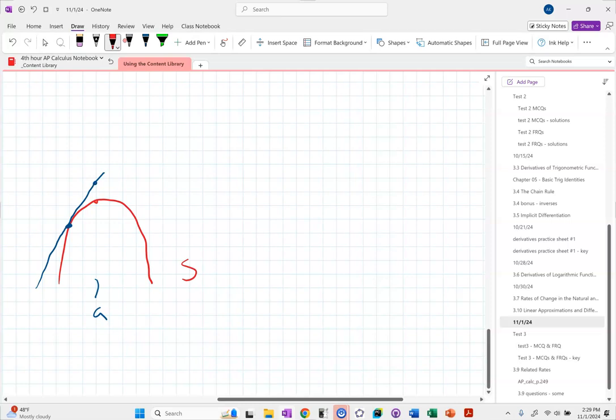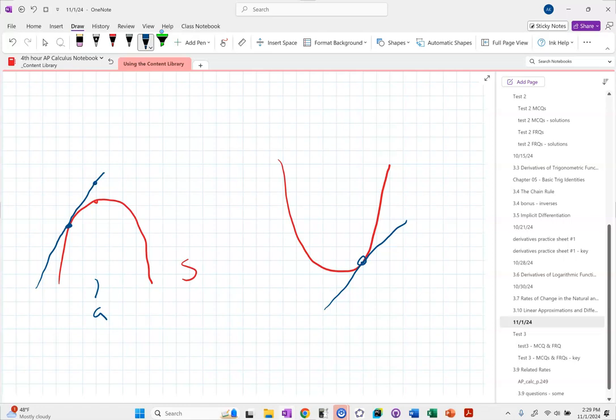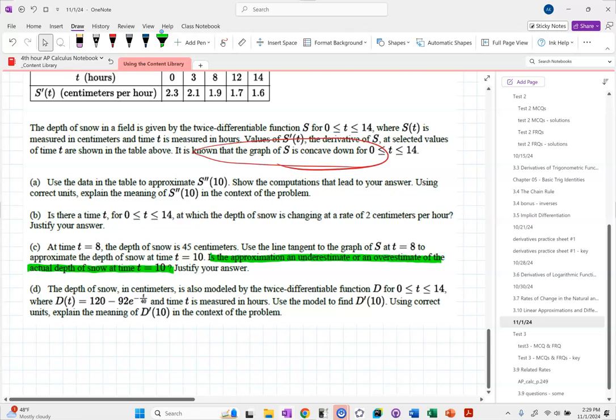If it was concave up, and we do the same thing, what do I have now? An underestimate, right? So in a problem like this, if they ask you to justify your answer, what should you do? Sketch a picture to justify it.